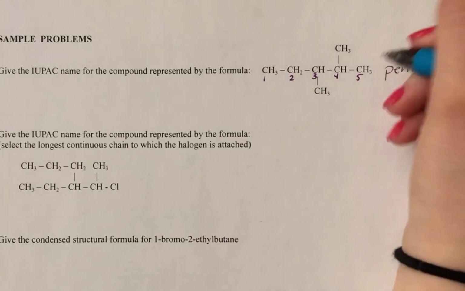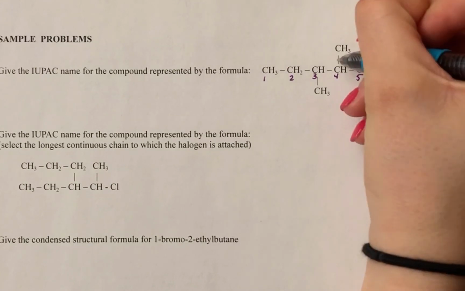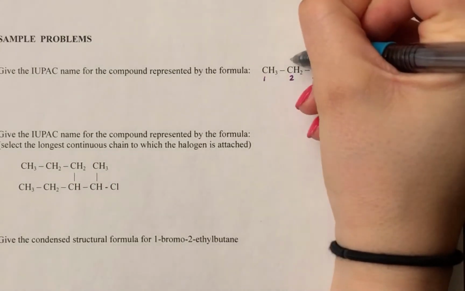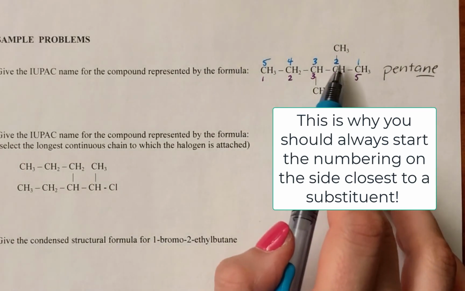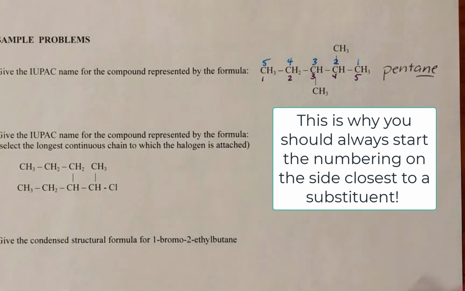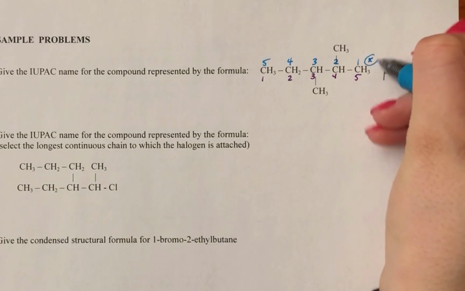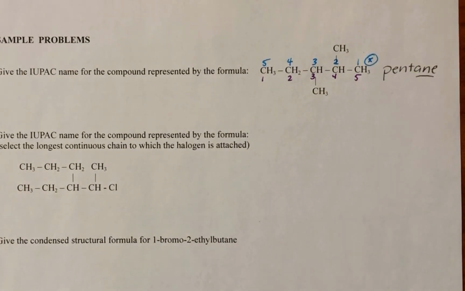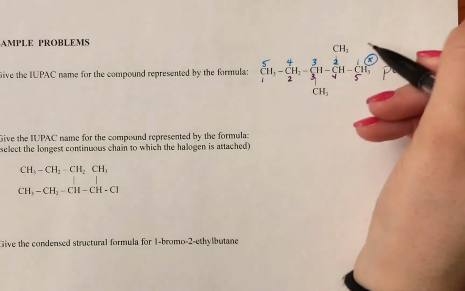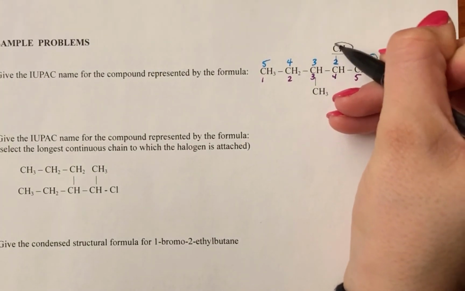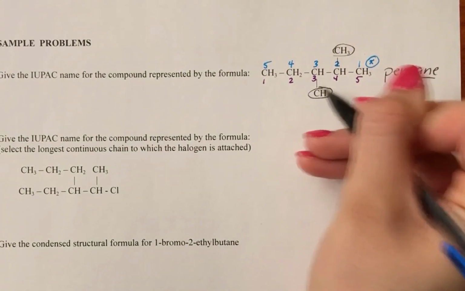Now if I number it the other way, from right to left, 1, 2, 3, 4, 5, now I have a substituent on the 2nd and 3rd carbon. So right to left is actually the best way to number because it gives the substituents the lowest numbers possible.